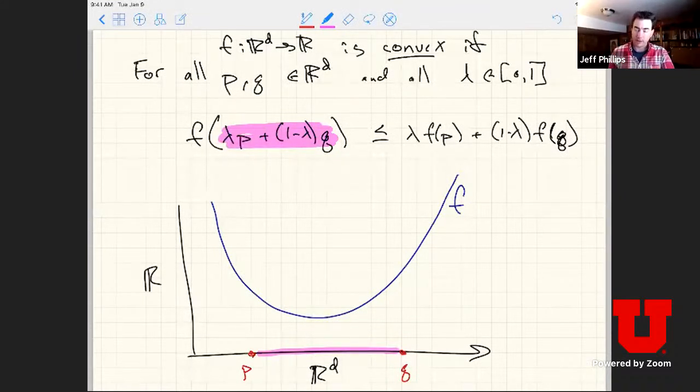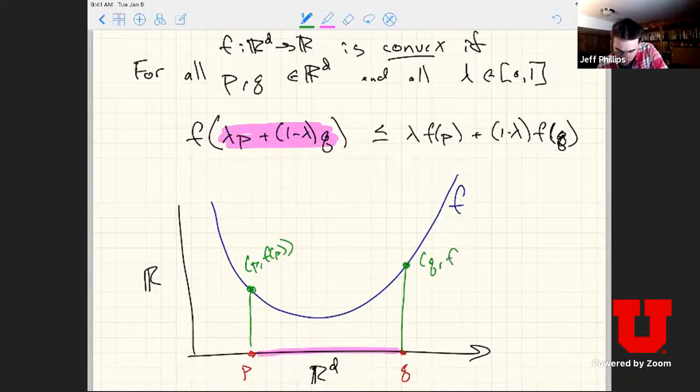Okay? And now I'm going to compare this to, right? So I'm going to lift this up to these function values. This is going to be P, f of P, and this is going to be Q, f of Q. These are d plus 1 dimensional points.